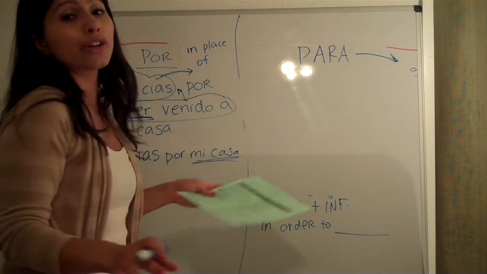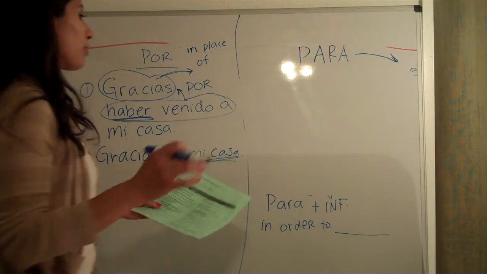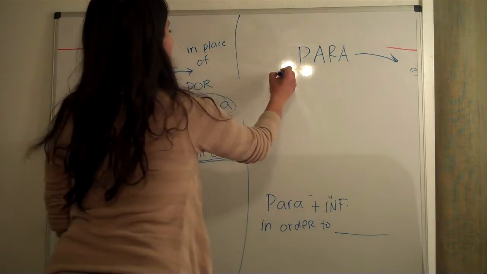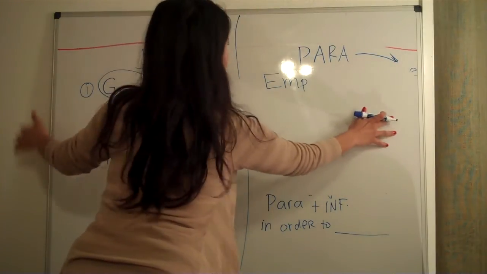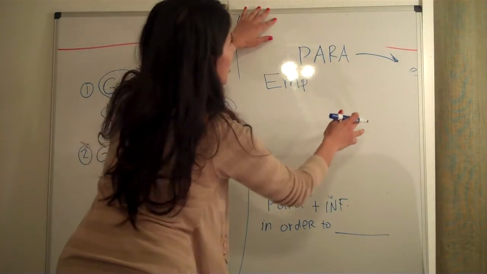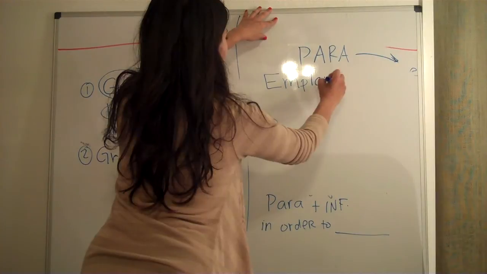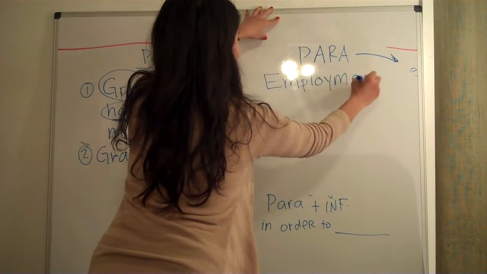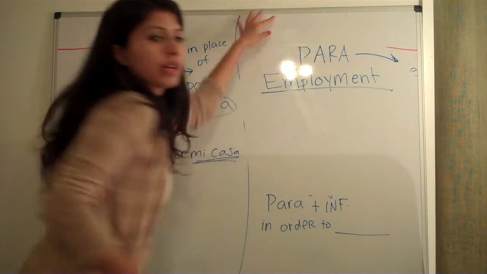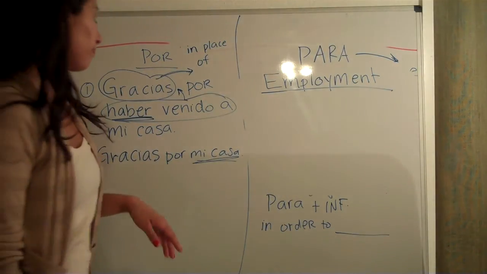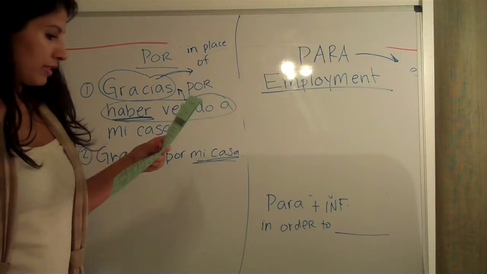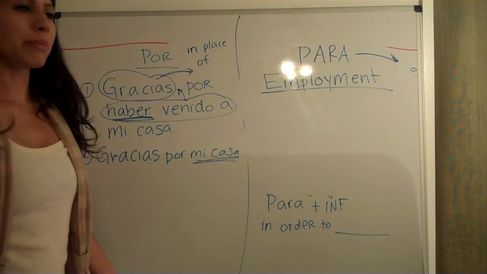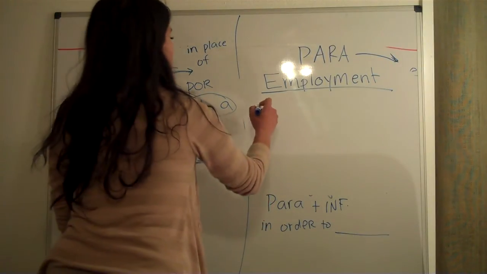So, okay, this is a good one. I'm going to contrast it with this one. This one's a really good one, okay? So this would be like employment. The other example's fine, but I'm going to put something that's easier to understand.